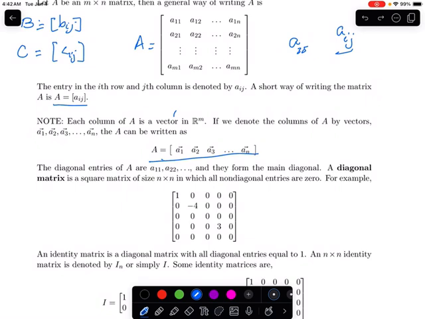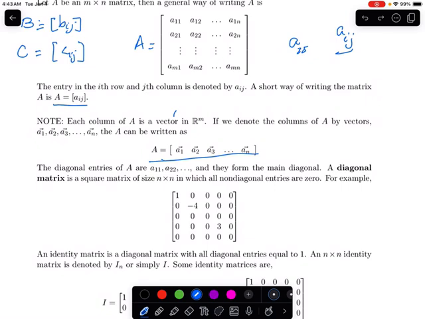So all the entries that do not lie on the diagonal must be 0. Now the entries on the main diagonal, some of them may be 0, but some must be non-zero, because if all the entries in a matrix are 0, then that is called a zero matrix.